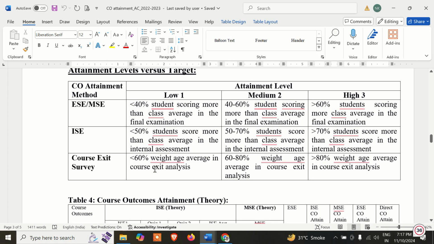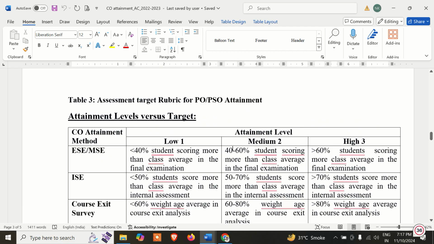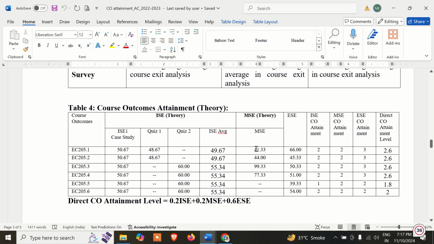In a feedback system, generally it is faculty centric. It depends on the interaction and delivery methods. It could be 60 minimum is expected, whatever. So this is the attainment level and the distribution of the grades.